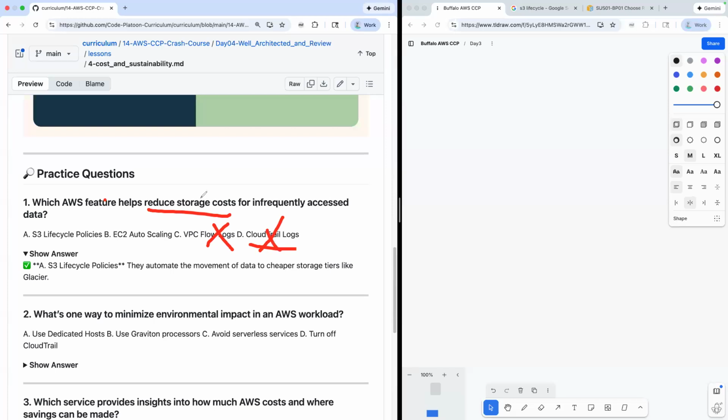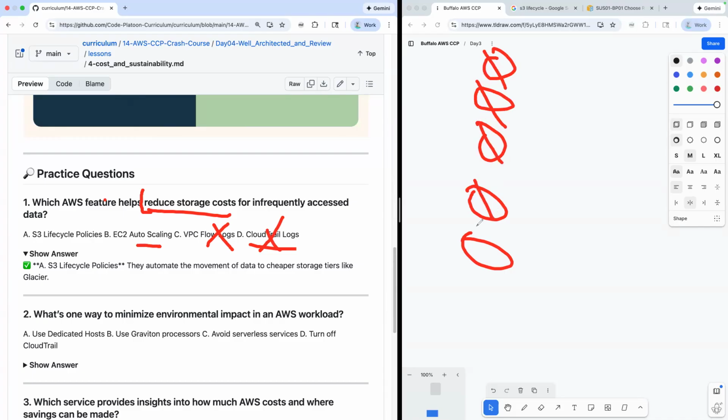Finally, if I'm thinking about reducing storage costs, it depends a little bit more on knowledge of what these are. If I can remember that auto scaling is about spinning up more EC2s, it's about load balancing, right? Spinning things up and then getting rid of them. I can ask myself, does that have to do with storage? And the answer is probably no. And by a process of elimination, get to A. I realize that this takes a bit more knowledge and that part might not be as easy.